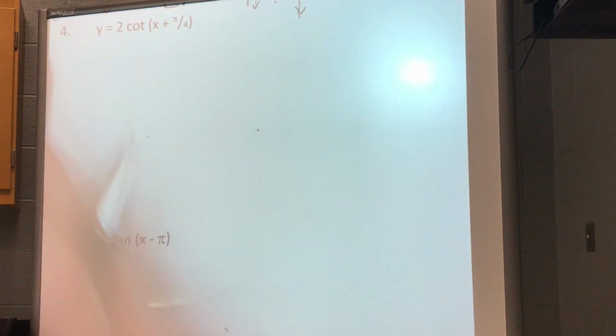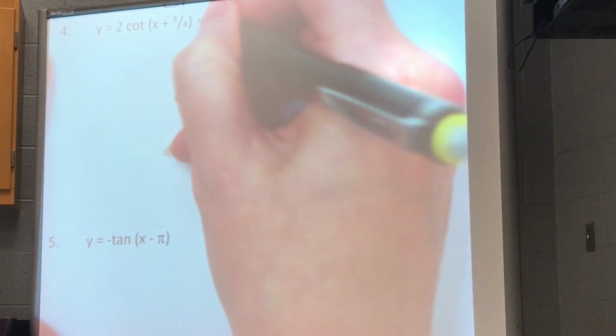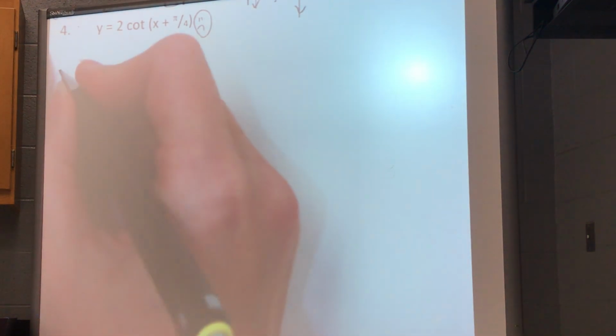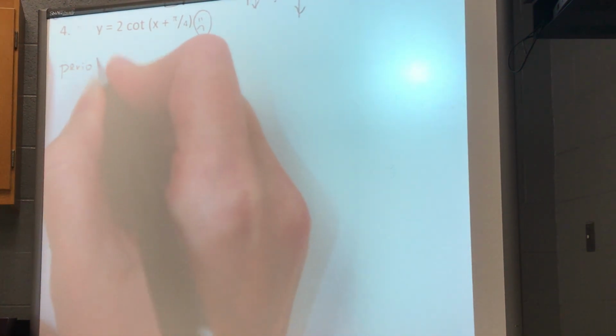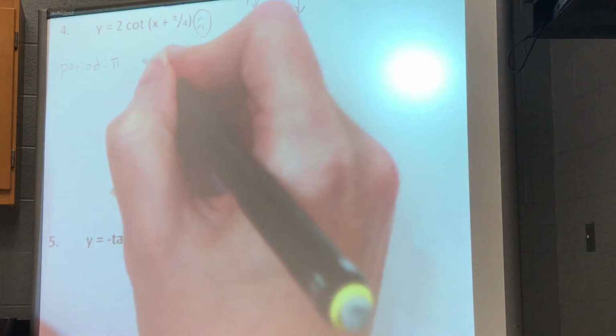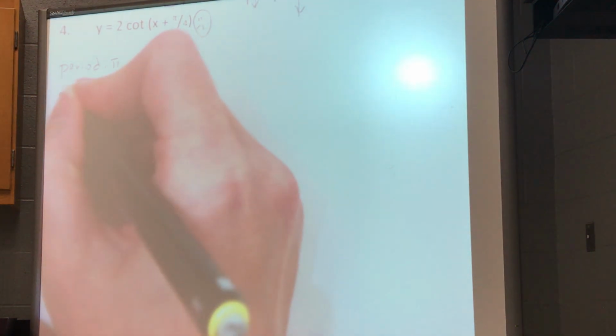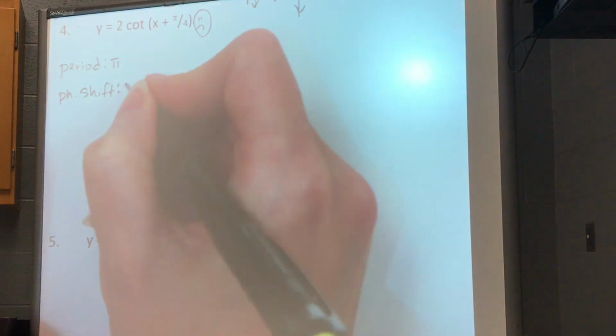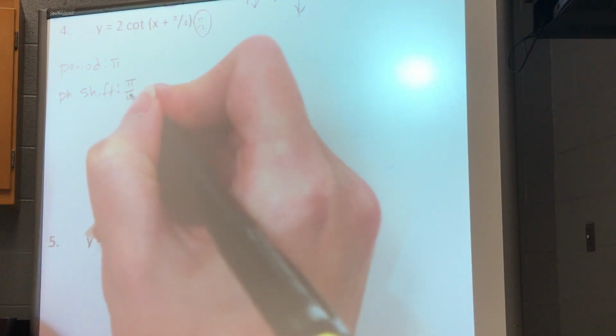So is this cotangent graph going to be happy or sad? It's going to be a sad graph. What is the period? Pi. Does this one have a phase shift? Yes. So this phase shift is going to be pi over 4.